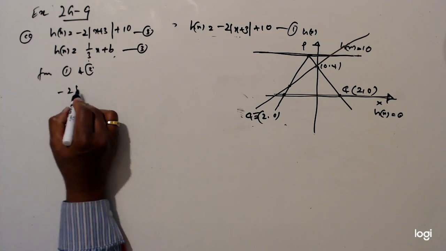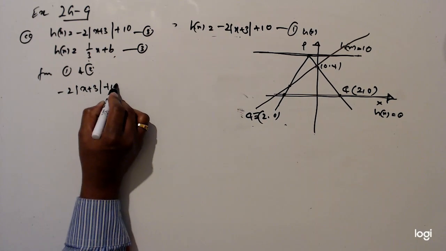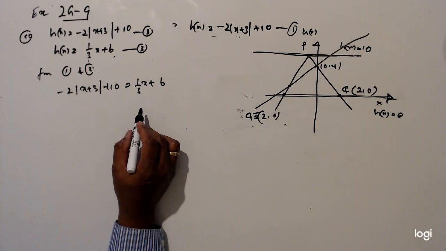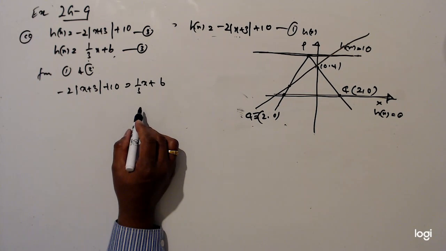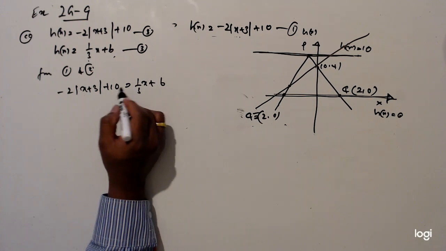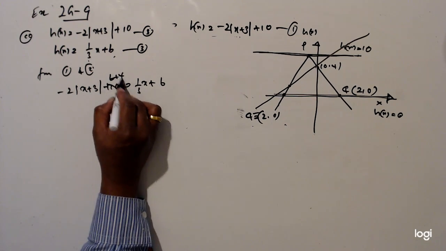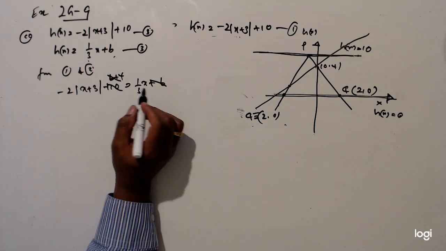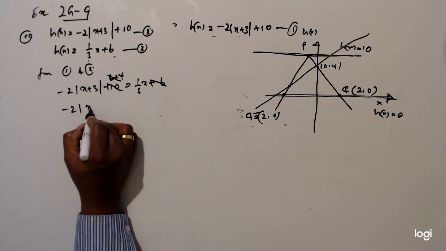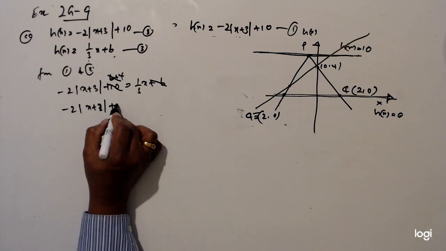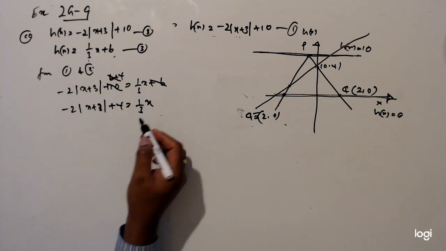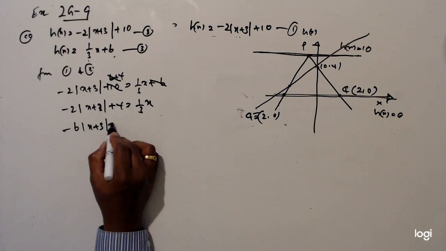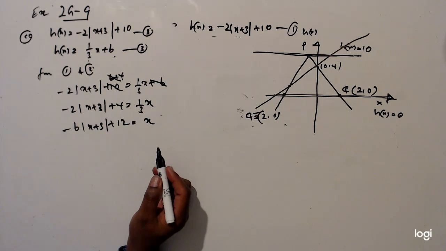So minus 2 |x plus 3| plus 10 equals 1/3 x plus 6. So I will solve it. 10 means 6 plus 4, so 6 and 6 cancel out. So basically minus 2 |x plus 3| plus 4 equals 1/3 x. Multiply by 3: minus 6 |x plus 3| plus 12 equals x.